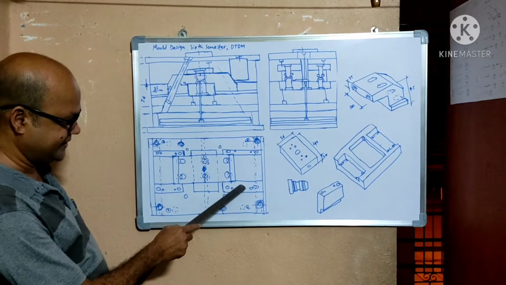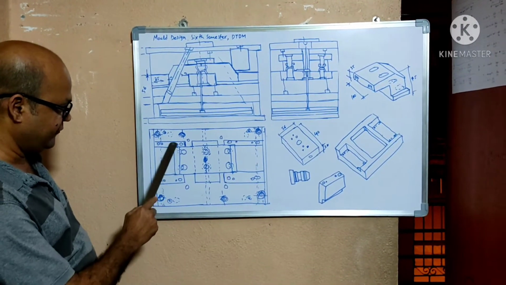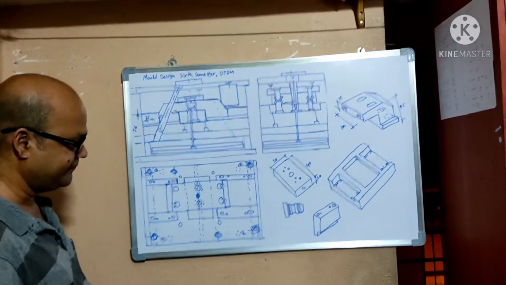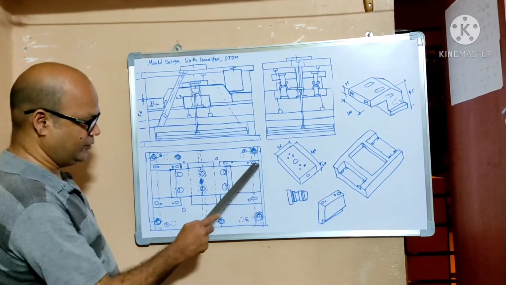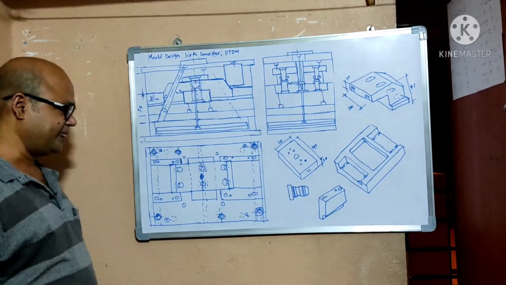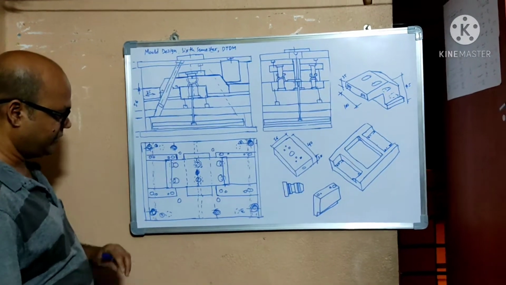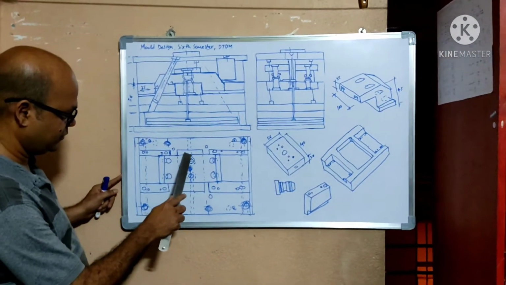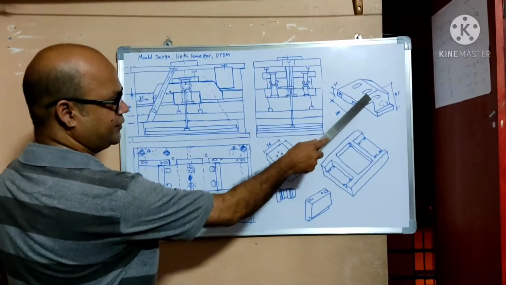The guides: 1, 2, 3, 4. Four guides are there. Here you are observing the guides, 1, 2, 3, 4. And you are observing the side core here.